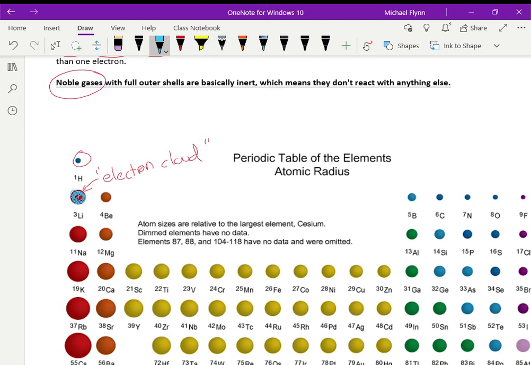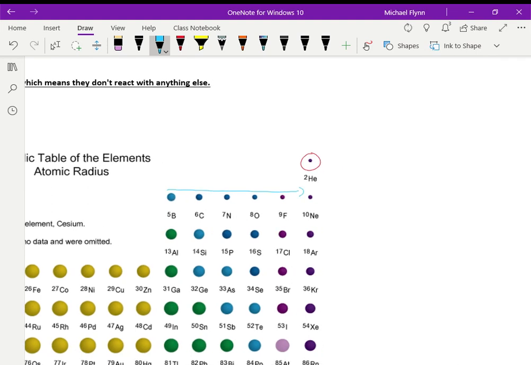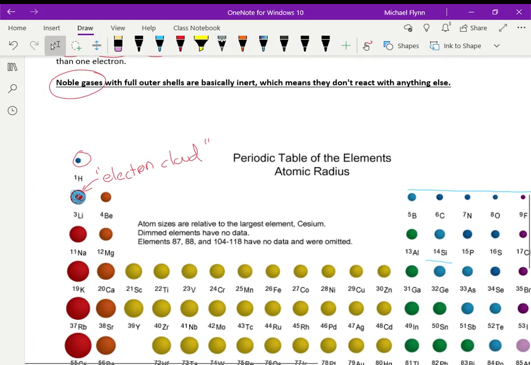And then beryllium gets smaller because we're adding positive charges again as you move across the row. They get smaller and smaller as you go this way, because you're increasing the positive pull of the nucleus, but the number of shells isn't changing across the row. And then once you get to the third row, all of a sudden it gets bigger again with sodium.